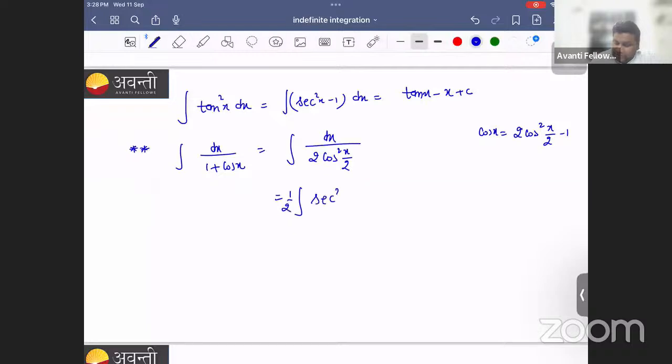This can be written as sec square x by 2 dx. And a formula we have seen, integration of sec square x is tan x. So it is half of tan x by 2 upon 1 by 2 plus constant. This half will cancel. So it is tan x by 2 plus constant. Am I clear?